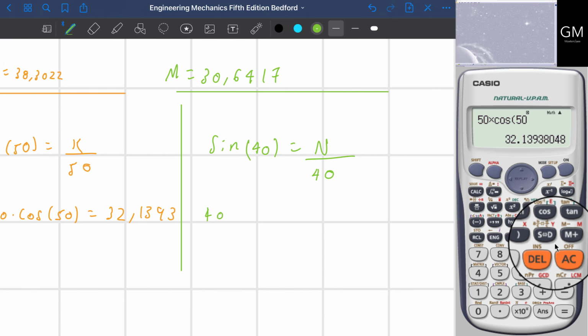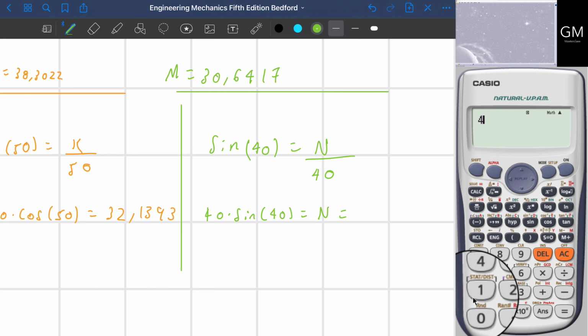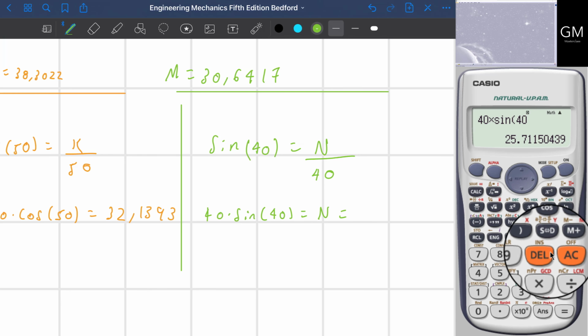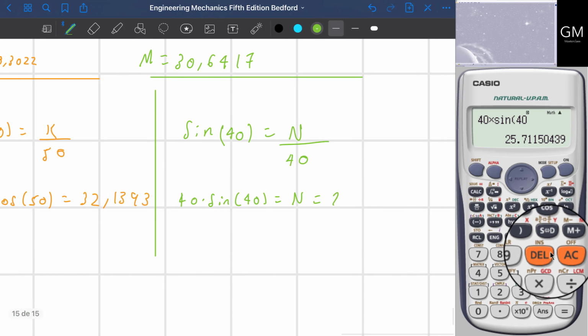So 40 multiplied by sine of 40 equals n, and that is equal to 25.7115.